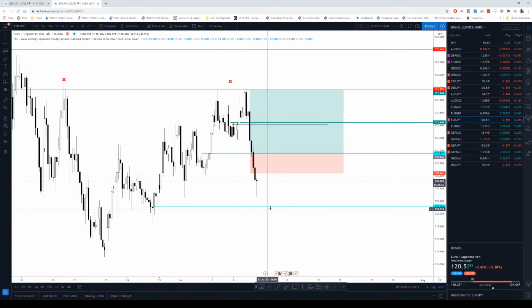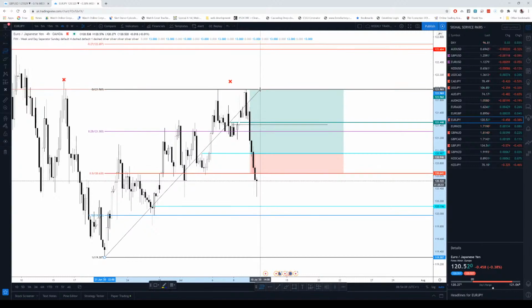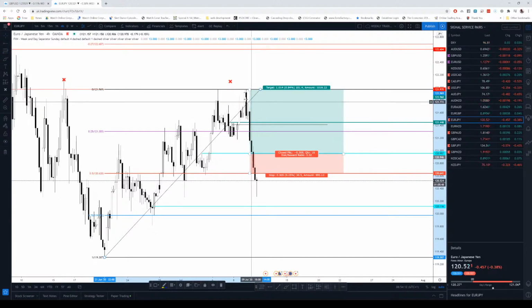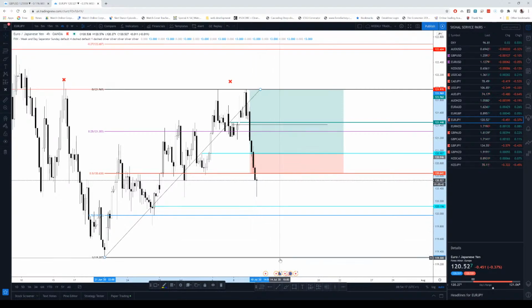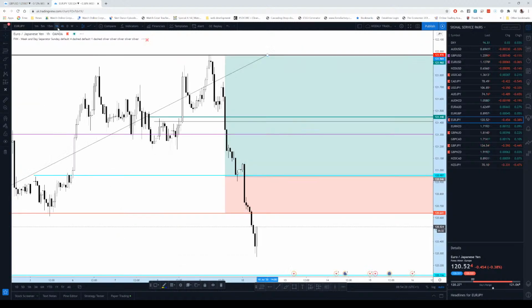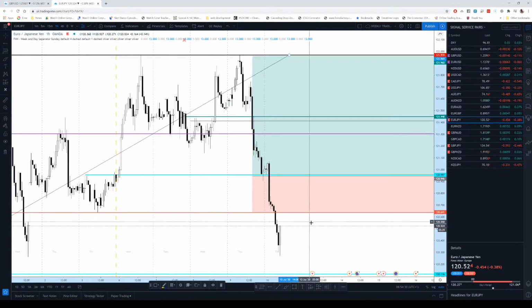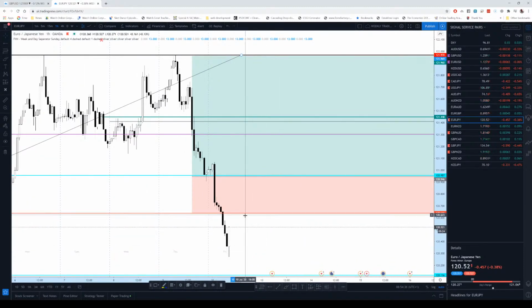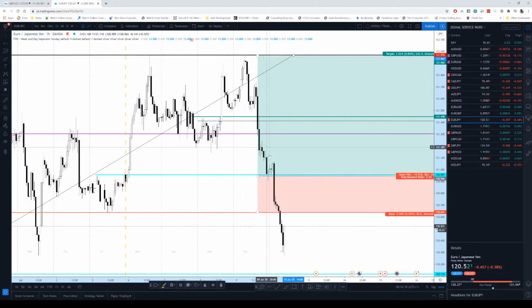I would have preferred it to come here, because this would, quote unquote, let those guys who are short expect price to continue going down, and then they will be killed prematurely here, or the price will turn around quickly, and then they will start closing their trades. Let's see how price trades up here, because I can see some reversals coming in. I mean, this drop is crazy. Within 2 days, that's crazy.